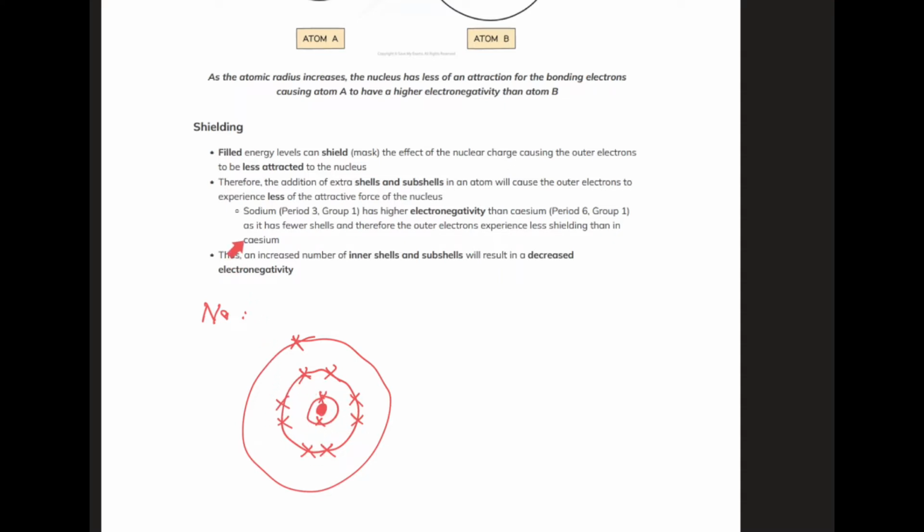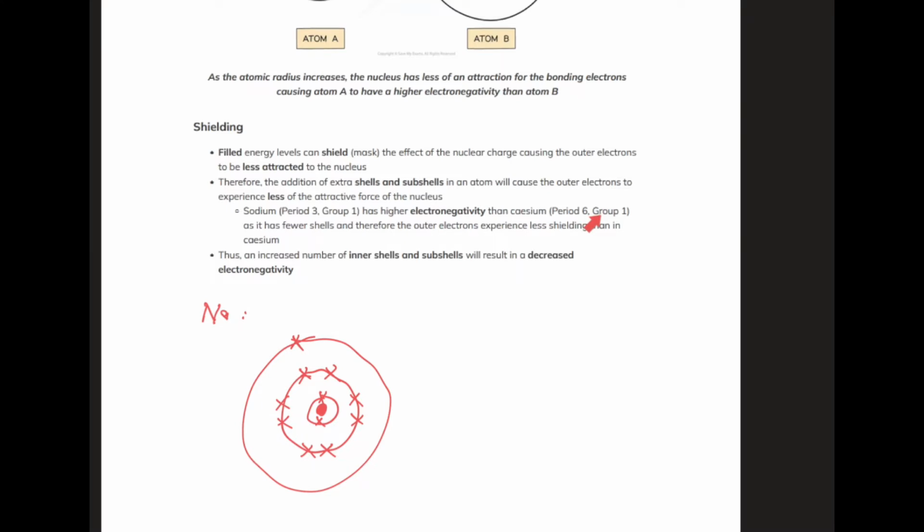So more shells make the shielding effect great. You see sodium has higher electronegativity than cesium. Cesium is period 6, where it has 6 shells. Imagine they are big in size, 6 shells altogether. Sodium has fewer shells, just 3, but cesium has 6.